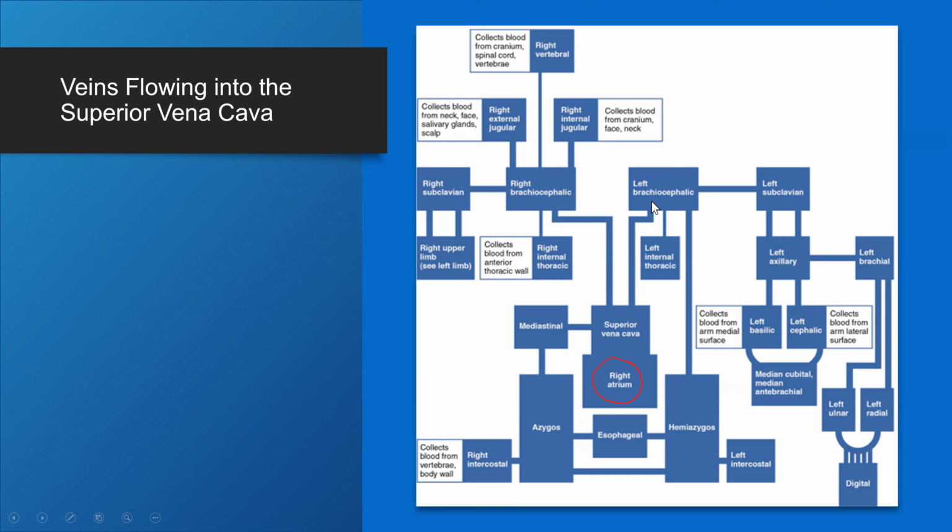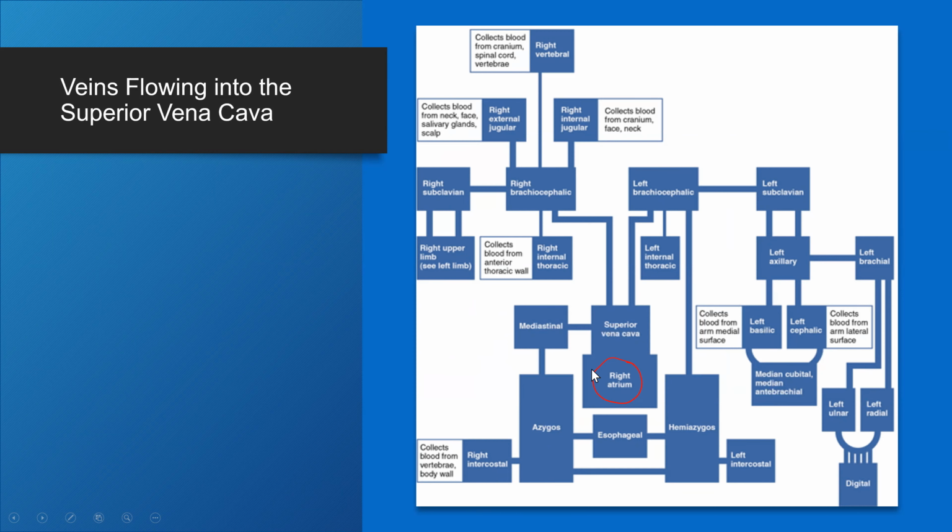And we have left brachiocephalic, left subclavian, left axillary, left brachial. Also, that shows us the division over here, radial, ulnar, digital, and basilic and cephalic that are connected through median cubital and median antebrachial. And over here we have azygous vein, right, that goes to superior vena cava.